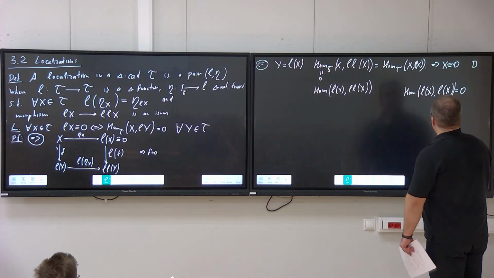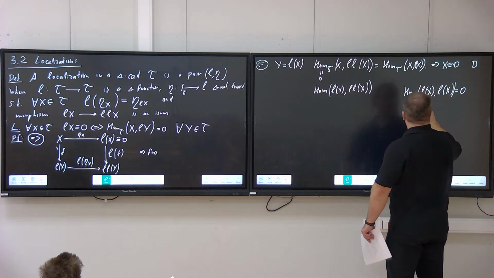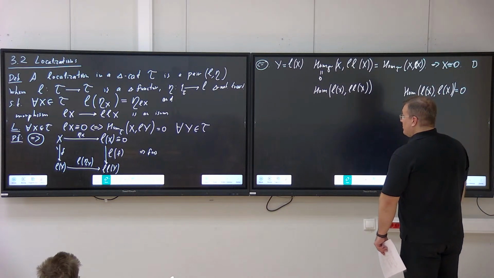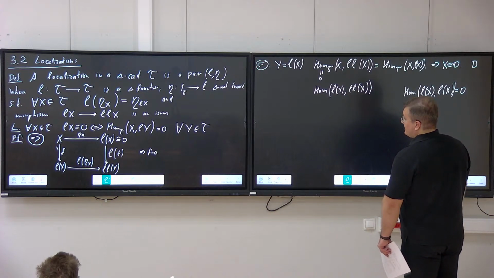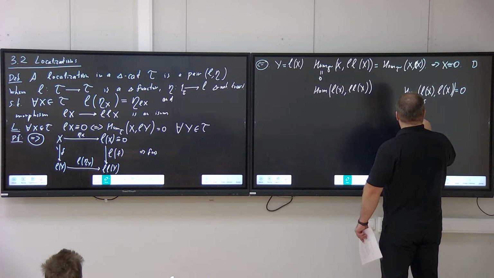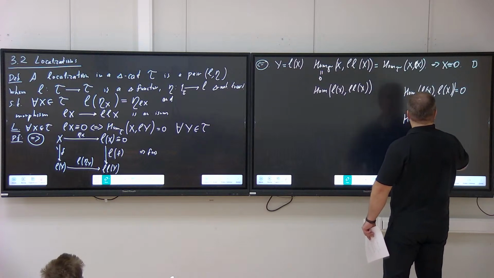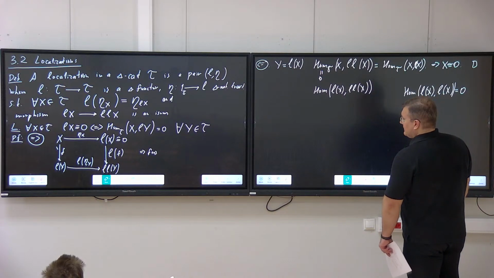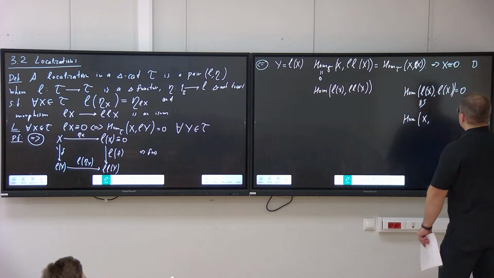So then we can rewrite this maybe as what? I want to rewrite this such that the first argument is x and the second argument is L applied to something, right? Well, why do we know that the homomorphism from Lx to Lx is 0?